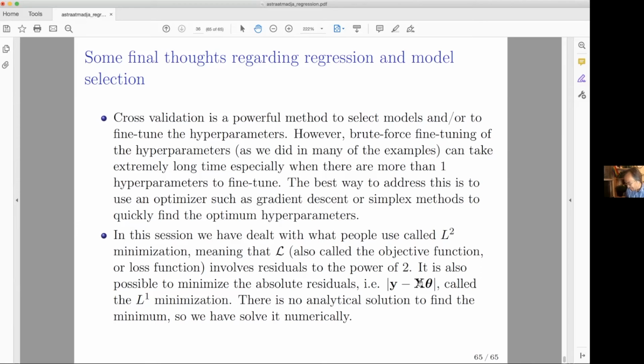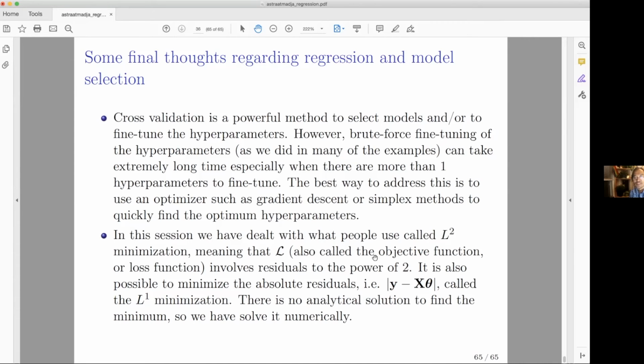All right, and then the second thing, just to give the big picture: when we are doing maximum likelihoods, people usually call them L2 minimizations. This is because the log posterior that you want to optimize has residuals to the power of 2. That's why it's called L2.